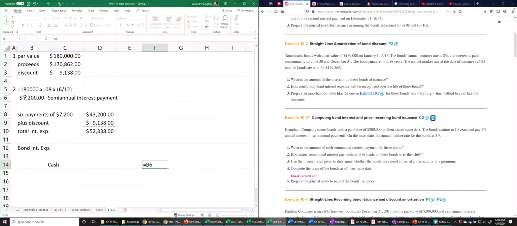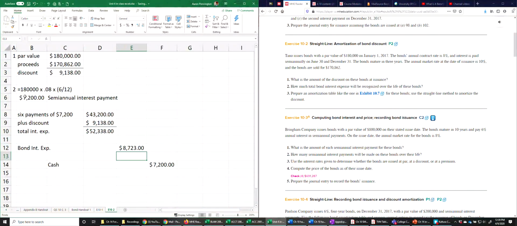The bond interest payment is going to be $7,200. Your bond interest expense is going to be, in this particular problem, since this is the total expense over 6 payments, it's going to be 1/6 of that. All right. Then we'll need a credit to balance this entry.